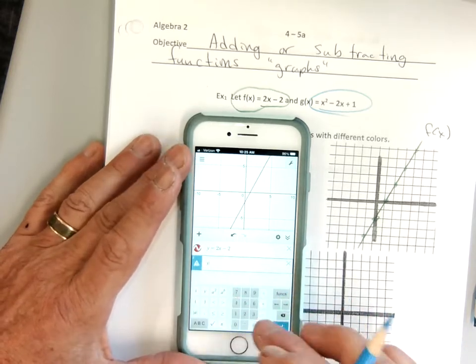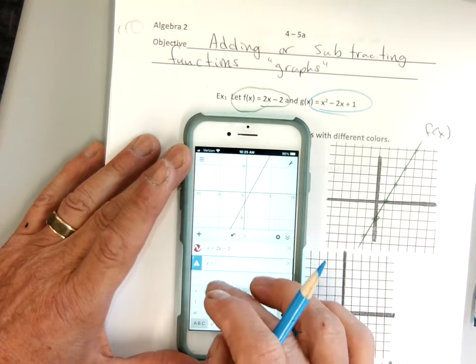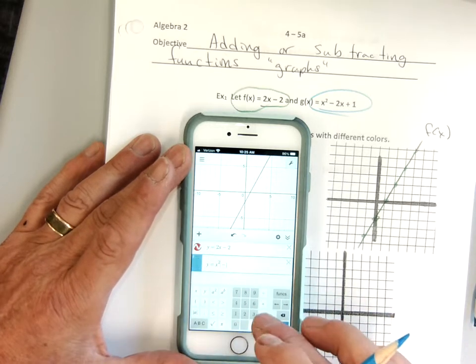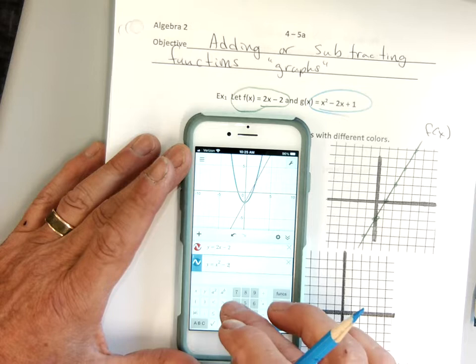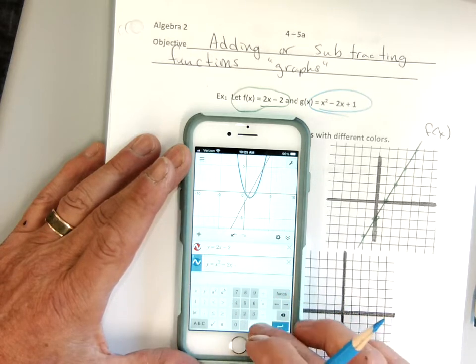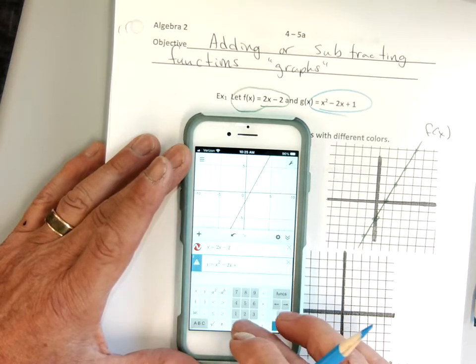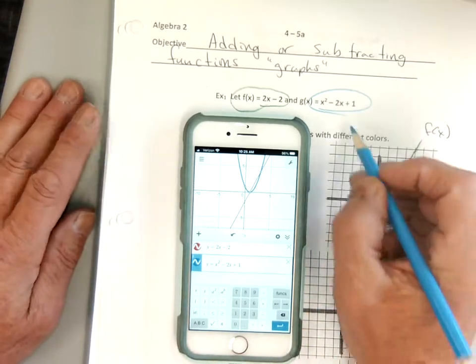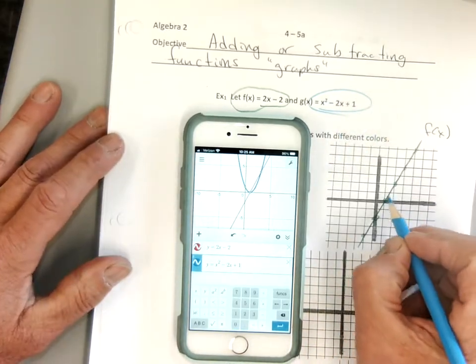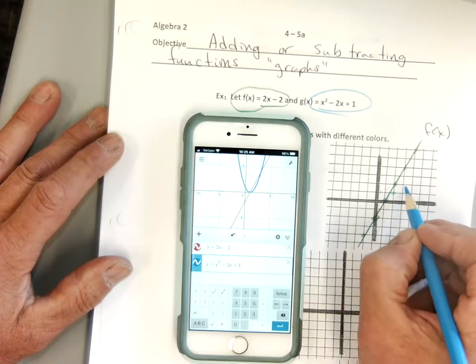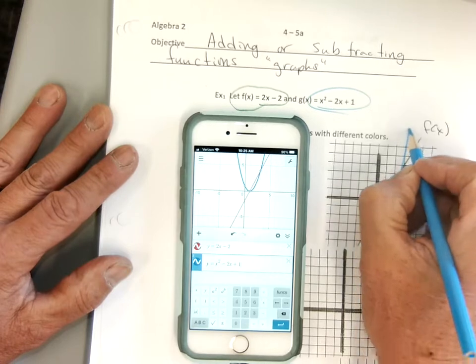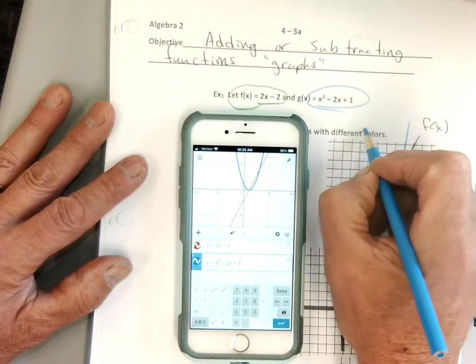Y equals x squared subtract 2x plus 1. Again, if I get to going too fast, you can always pause the video. But it's a parabola. I knew it was a parabola. It looks like this. 1, 2, 3, 4. Okay. Awesome.